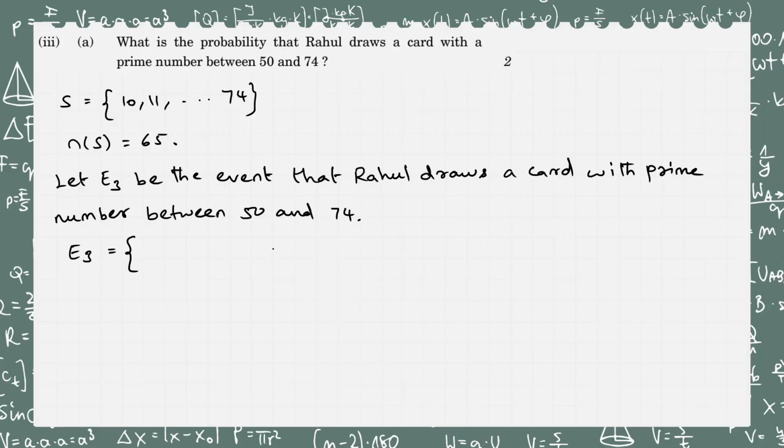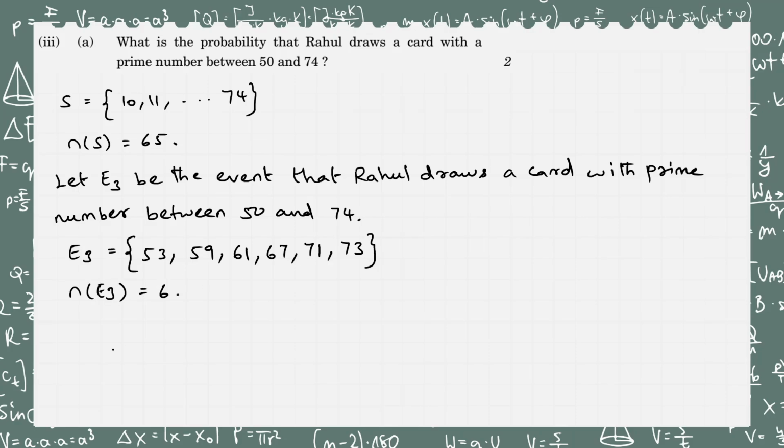Okay, so now we know that 53, 59, 61, 67, 71 and 73 are the prime numbers between 50 and 74. Now how many entries are there in this?